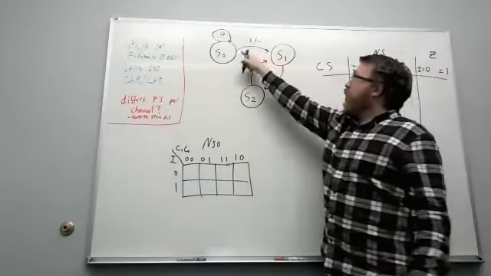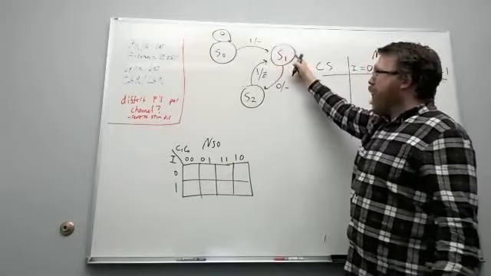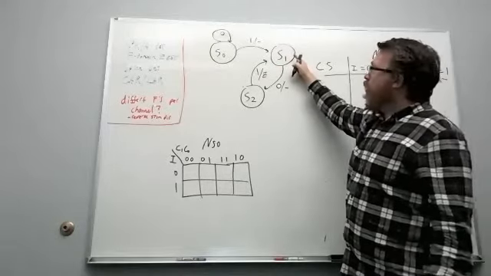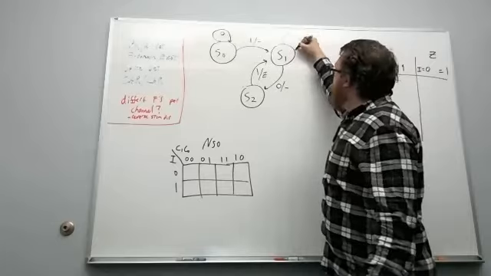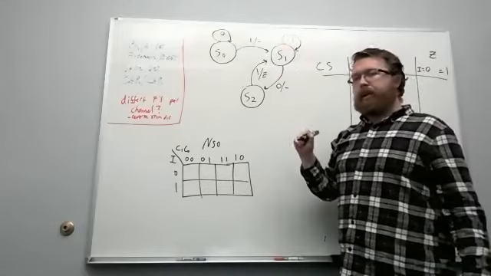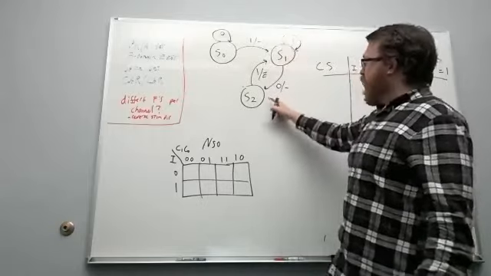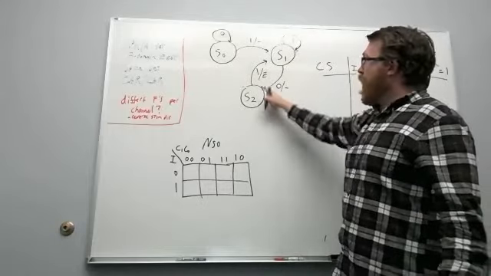In state 1, if I go 1, 0, I've moved on. If I do 1, 1, well, I stay put because I just got another 1. And this state is saying that I've detected 1, 1 in the sequence without it getting another 0. So we hang out. All right, so now I go 1, 0, 1, I've detected.